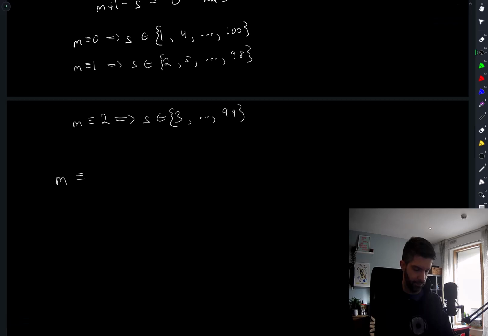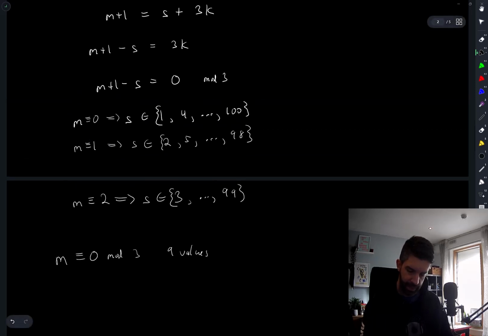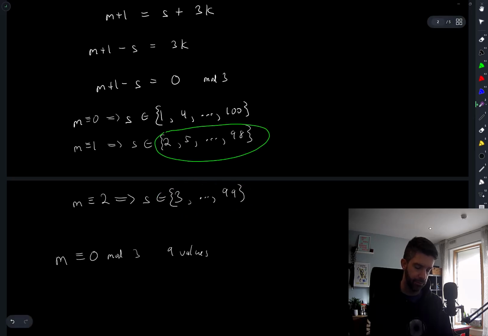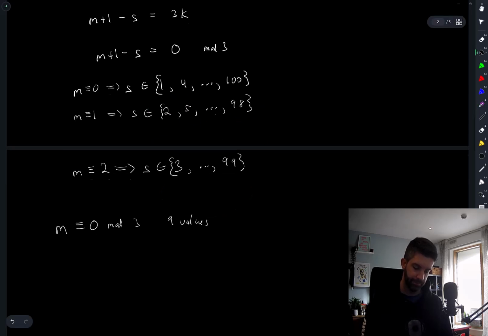So m is equal to 0 mod 3, 9 values. And how many values of s are there in here? Well, this has 33 values. It's multiples of 3 from 1 to 33. This has 33 values because they're all just these ones minus 1, and this has 34 values.